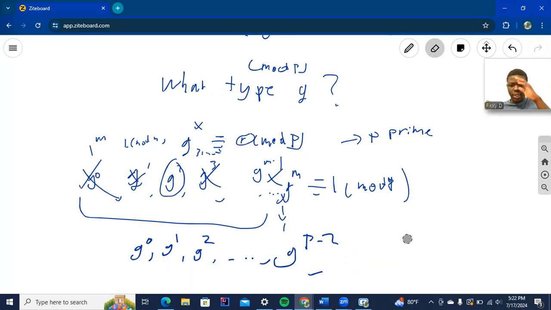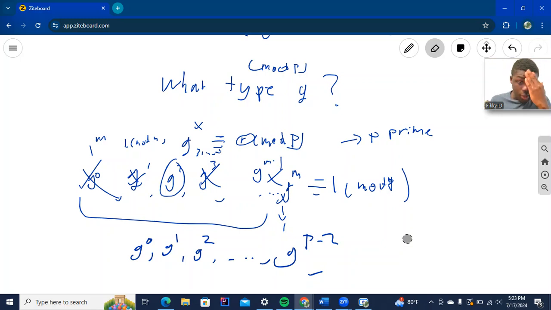So you have to literally try G to the 0, G to the 1, G squared, and so that's the motivation for choosing p to be prime: there is guaranteed to be a primitive element G. And the type of G you should use is probably a primitive root of p, which would give it more security, as I argued before.